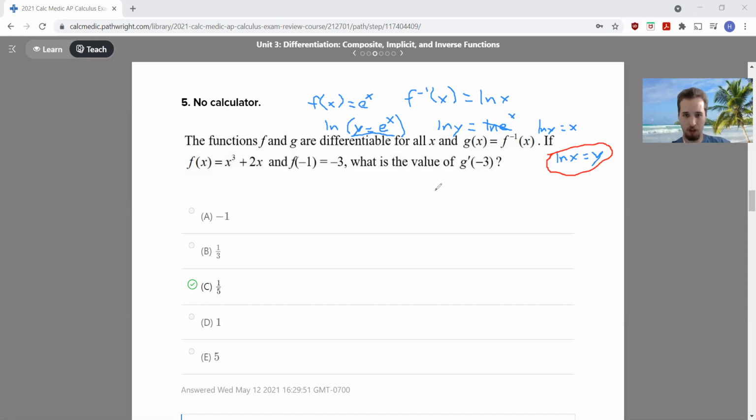So, also just to show you guys graphically what an inverse means, right? If we're to take e to the x, the graph of e to the x looks like this. The graph of ln of x looks like this, right? This is ln of x here.